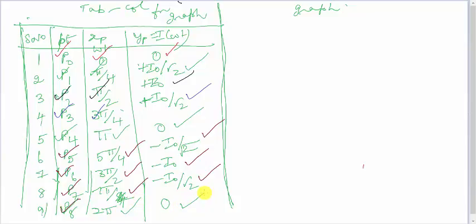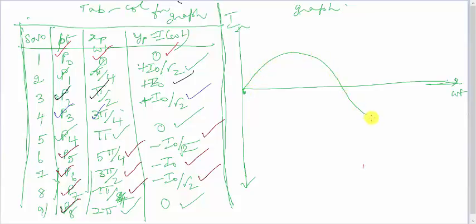Now how are you going to mark them? Now here you will have, and you will draw the graph. This will be my omega t, and this will be my I. All below the mean line will be minus I, and above that will be plus I. You will get a sinusoidal curve like this. This will be my P naught.